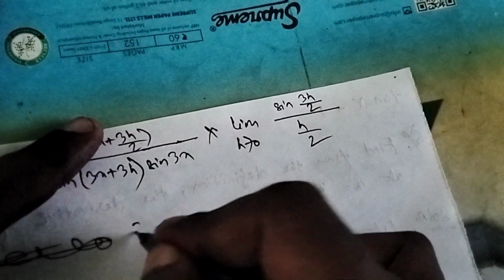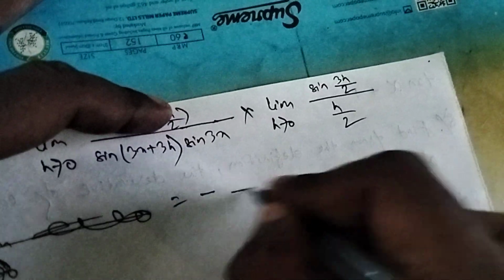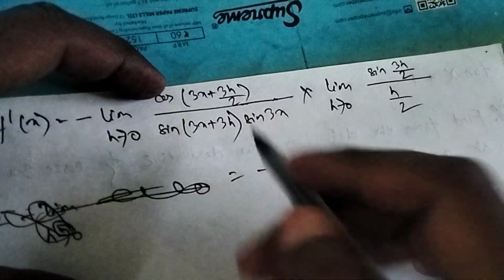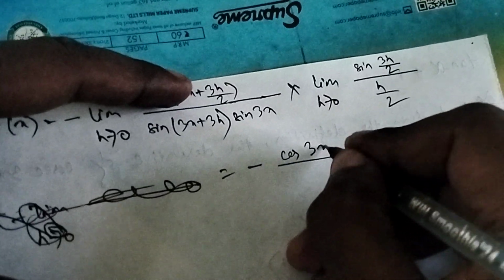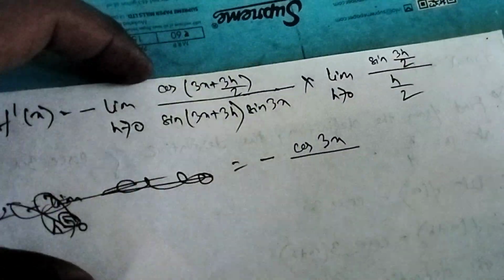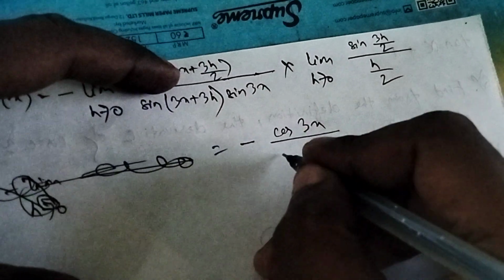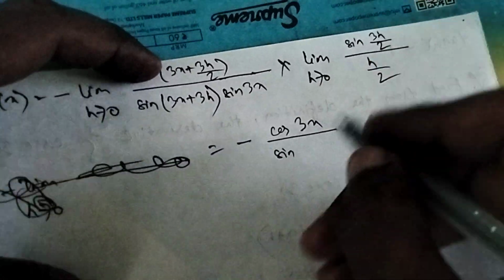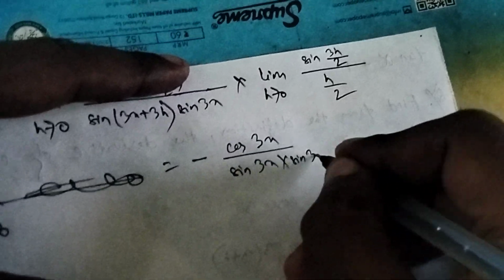Is equal to minus, we will replace h by 0, it would be cos 3x plus 3h by 2 is 0 only. And here also in the denominator sine 3x, if we put h is equal to 0, it would be sine 3x only, sine 3x into sine 3x.